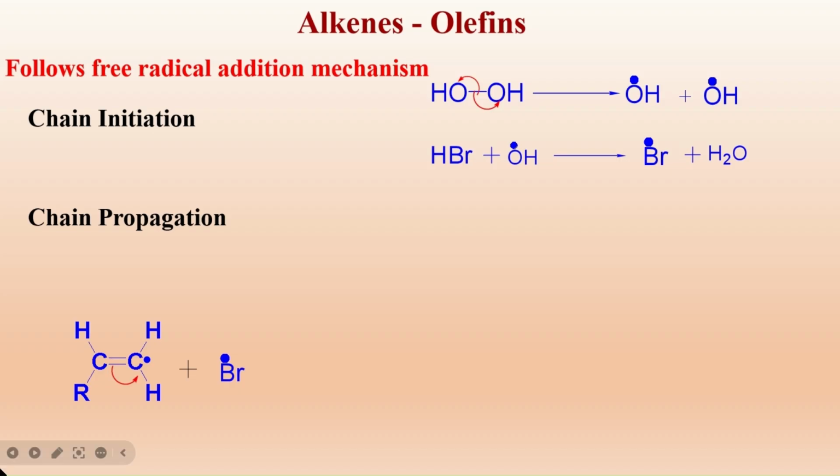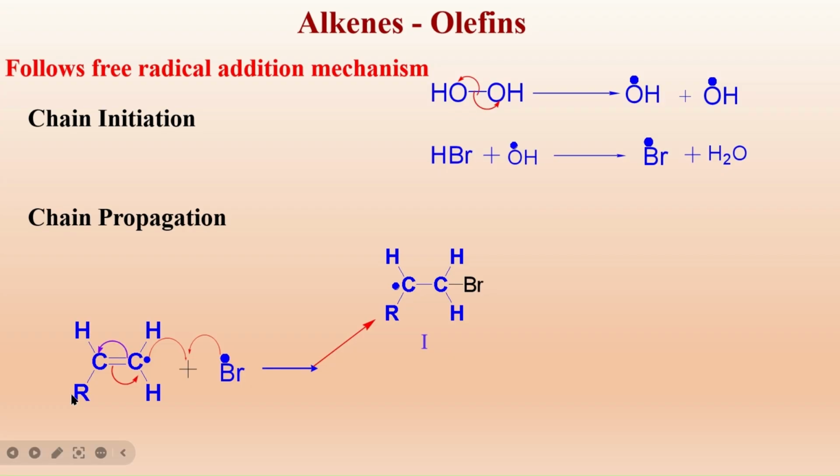These electrons can move towards one carbon, and the remaining single electron is also electron deficient. This carbon free radical which is formed combines with the bromine free radical, and it can give rise to a carbon free radical, which we represent as structure 1.